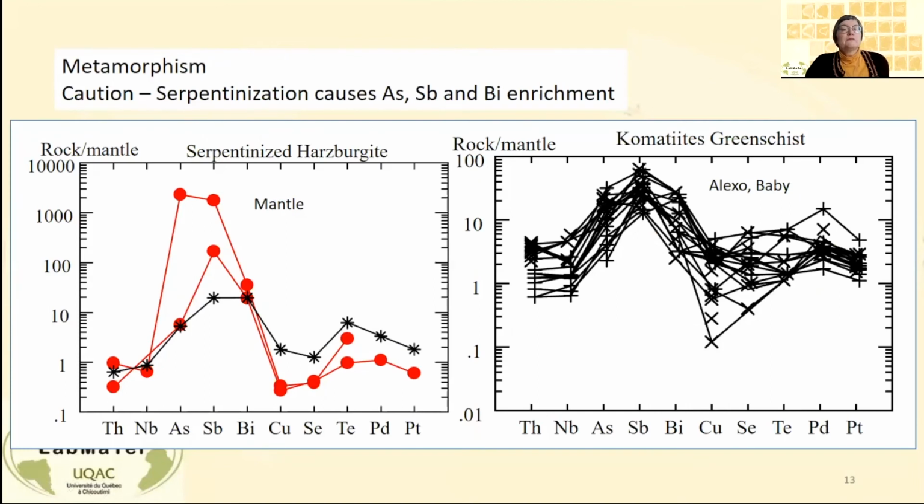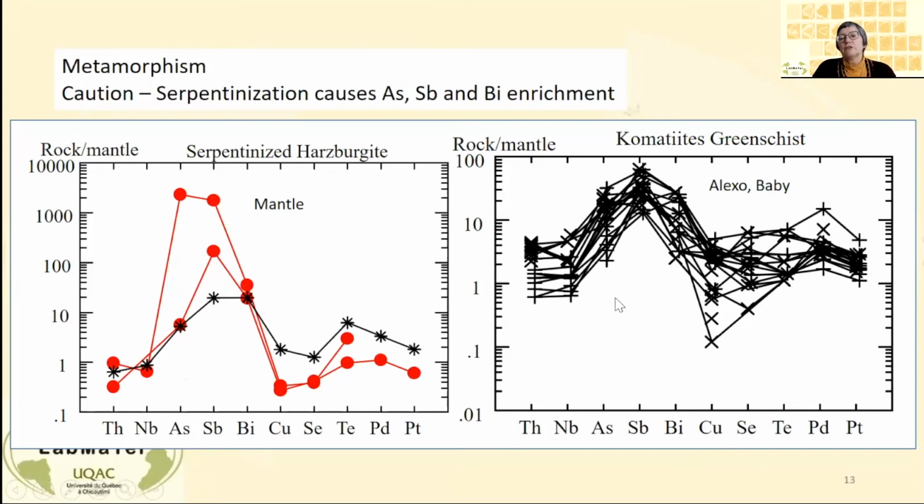Some cautions. Metamorphism, unfortunately, screws everything up. So if we look at mantle serpentinites here, you see that serpentinization in particular tends to enrich the rocks in arsenic, antimony, and bismuth. You see the nice big arsenic, antimony, bismuth anomalies there.